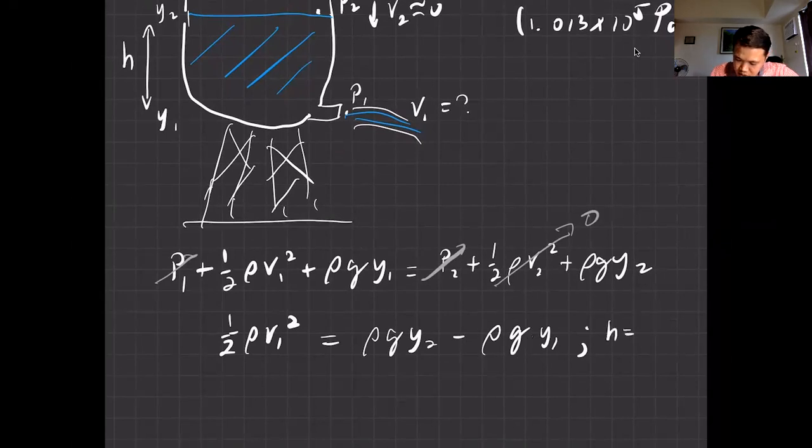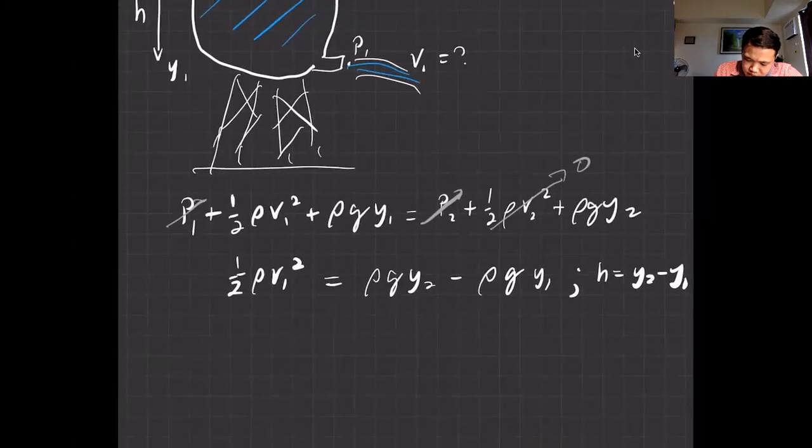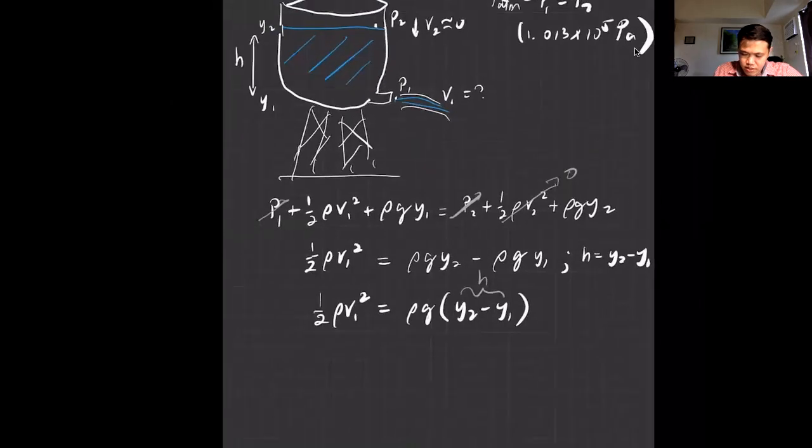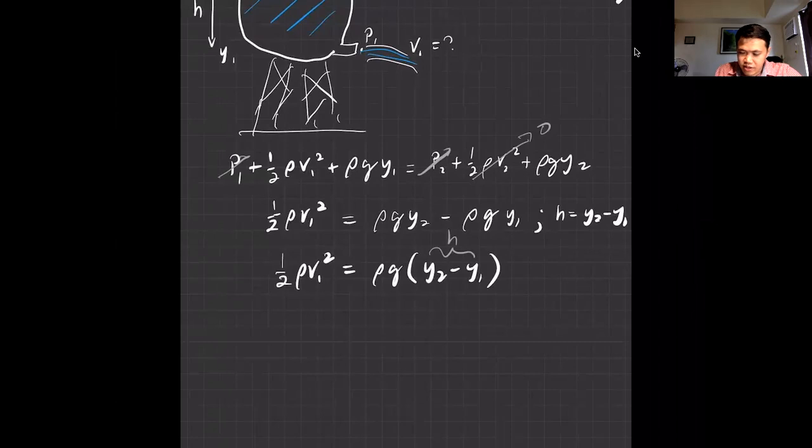So h is equal to y2 minus y1 from here. Okay, I hope you follow. So this becomes 1/2 rho v1 squared equals rho g times y2 minus y1, which is actually your h, right? So you can even cancel out density now. It doesn't change, so you can cancel out density.